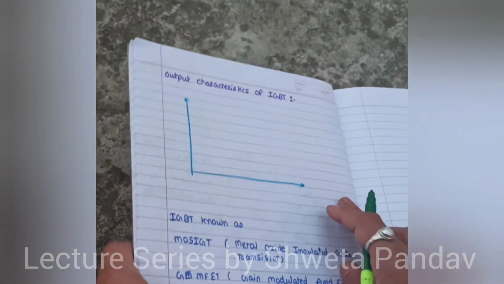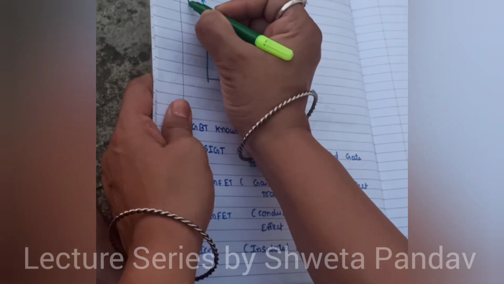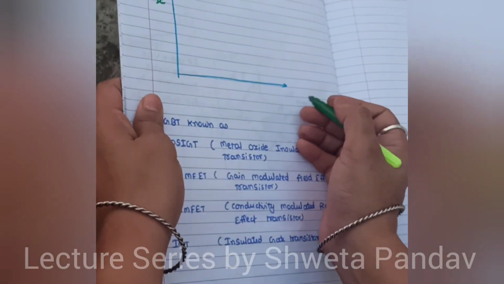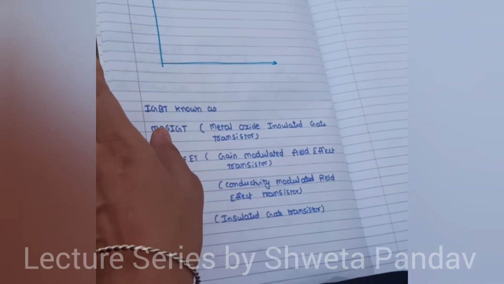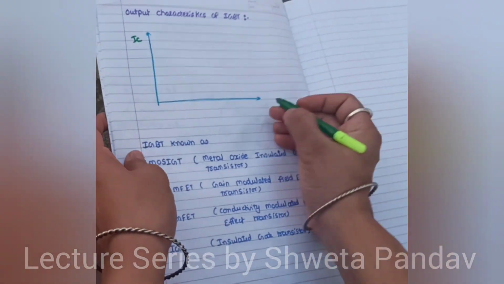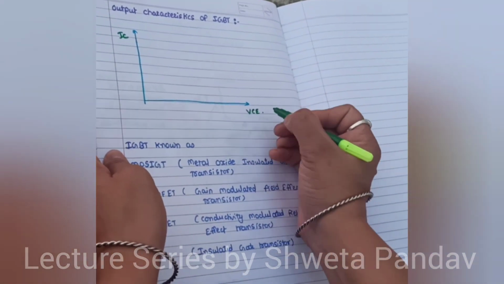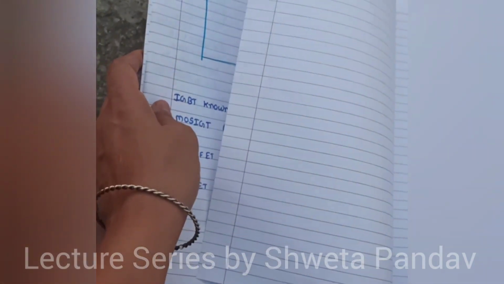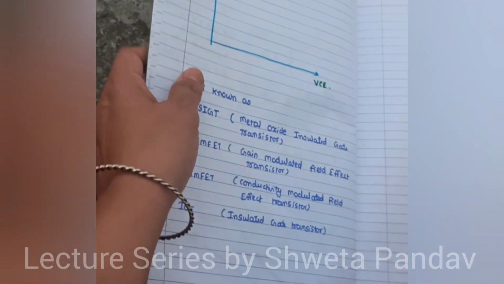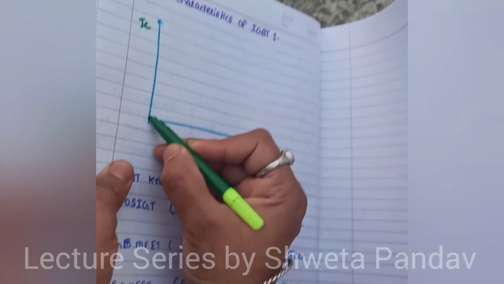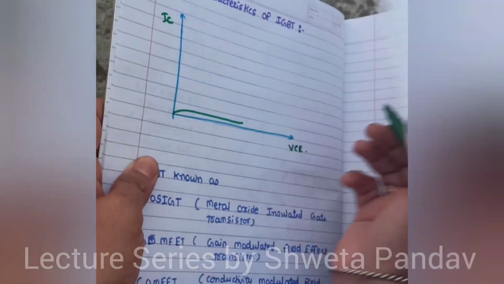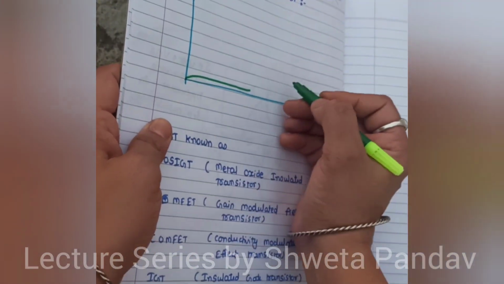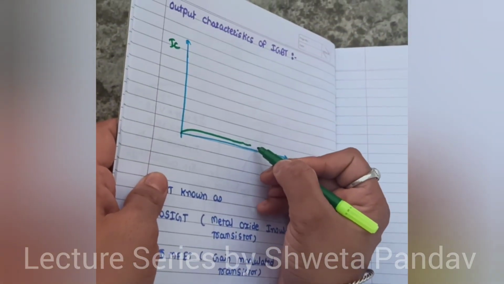Now next is the output characteristic. It is the graph of output current versus output voltage. Initially, as VCE is 0, we get the minimum value of current.